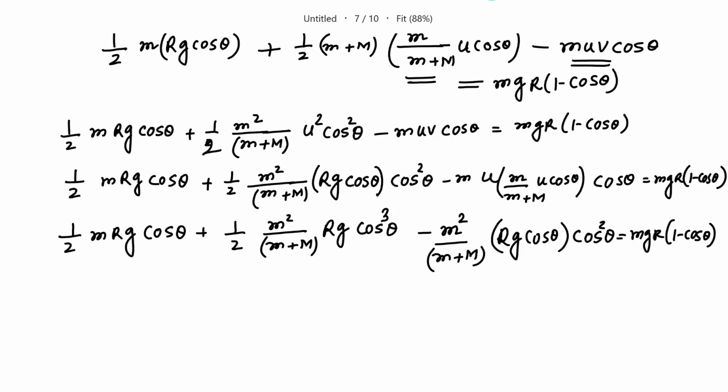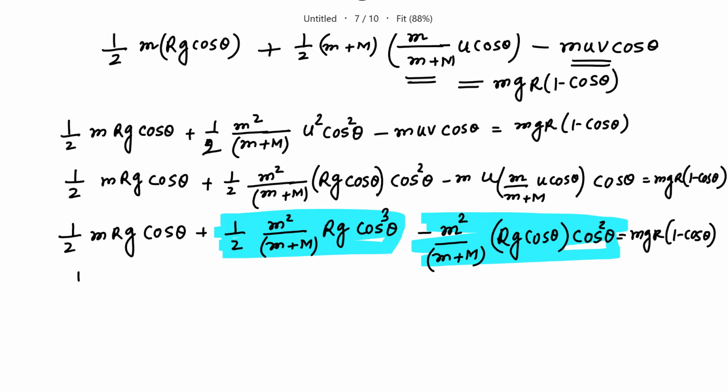So now you see this term and this term are the same. Only thing, there is a minus sign. These two terms are the same. So we can simplify half mrg cos theta, and this is minus, because this term is half and this term is full, and everything is the same.